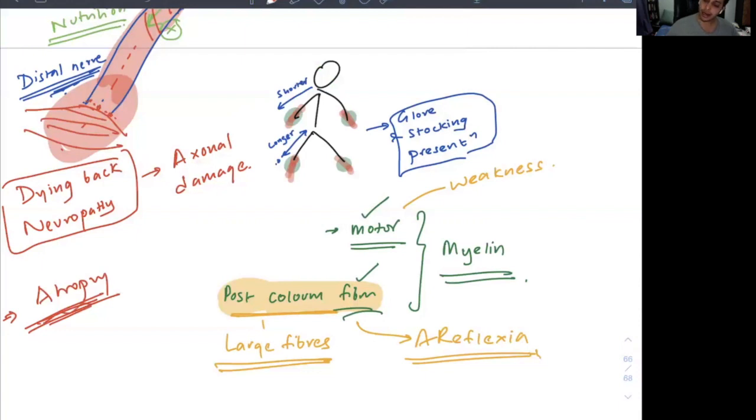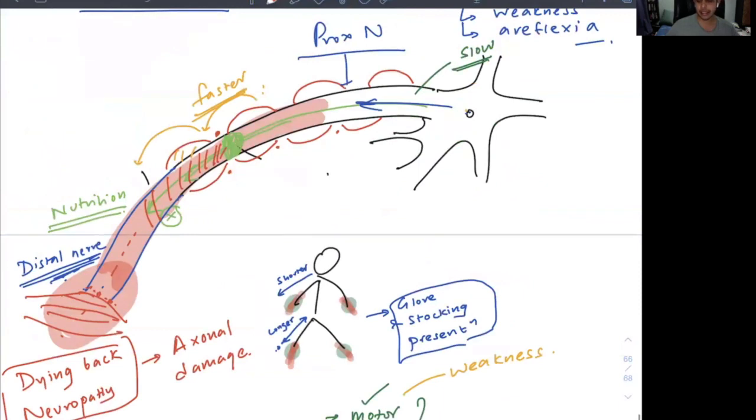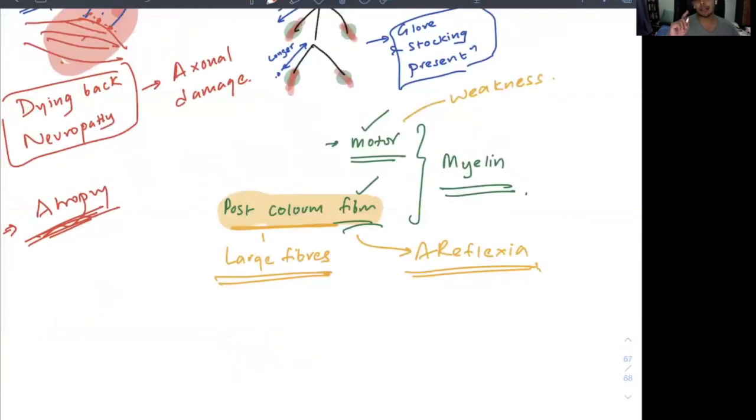And the other characteristic of an axonal damage is that the nerve fibers that have only axon, with no myelin sheath, are your small fibers. So these fibers have only axon. If there is an axonal neuropathy, these fibers are especially vulnerable.